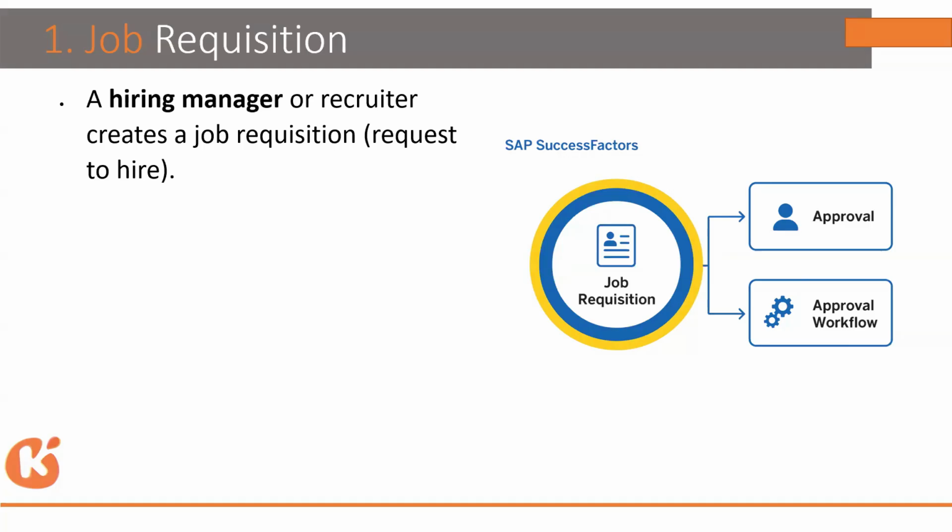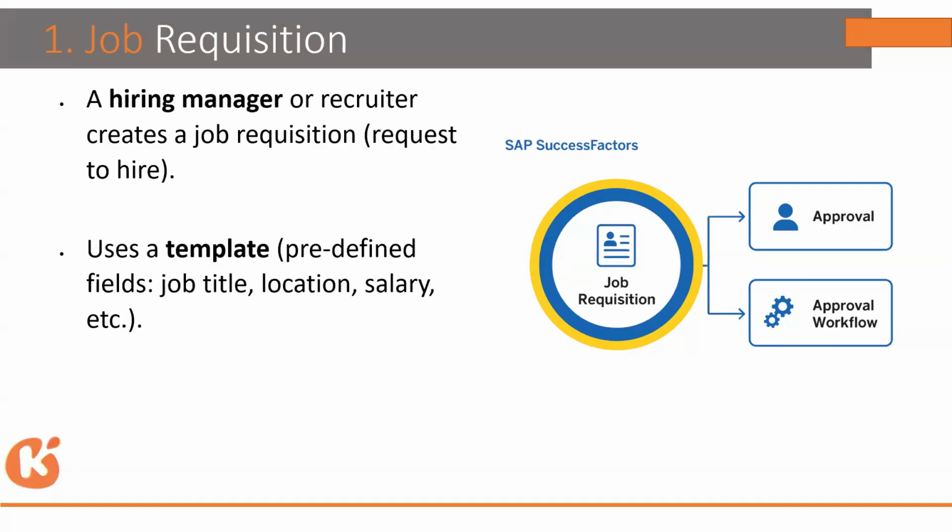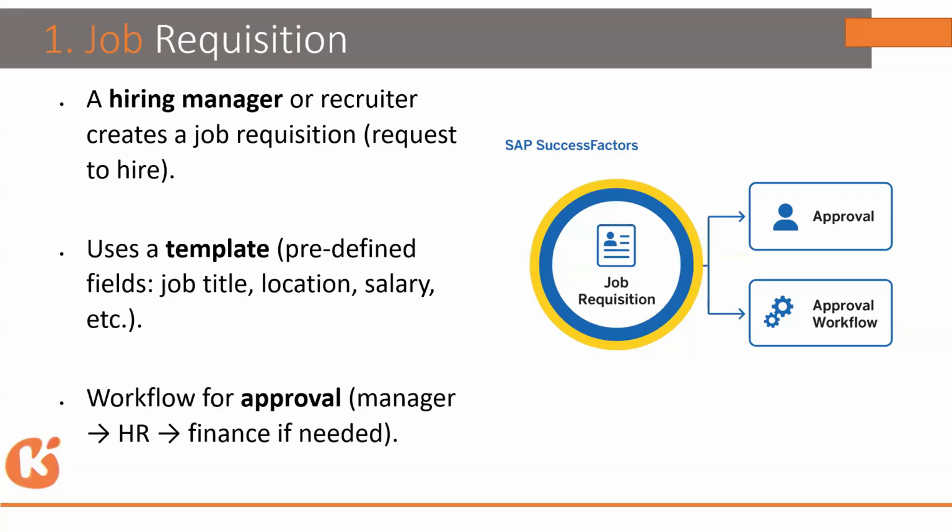Either it can be for an existing job, where the person has resigned, or it can be a new job requisition where the company is expanding or that particular department is expanding and they require a completely new position. So here you can see they have placed a requisition. They will have a template and they place all those requisitions. Then with the workflow, they will directly approve those requisitions, right? So that is your job requisition.